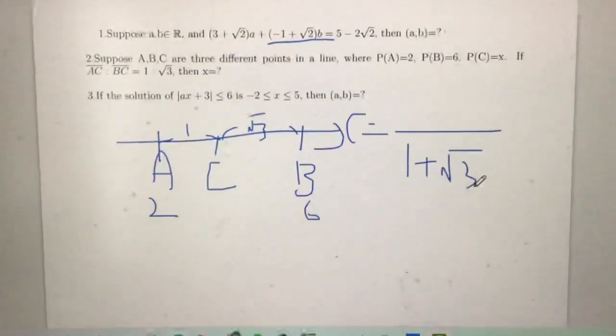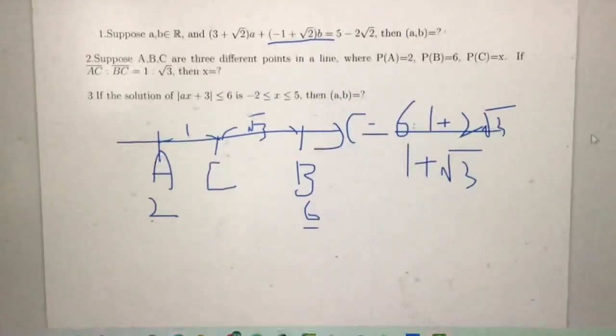so numerator, we can compute the B times this one, and we plus A times square root 3.